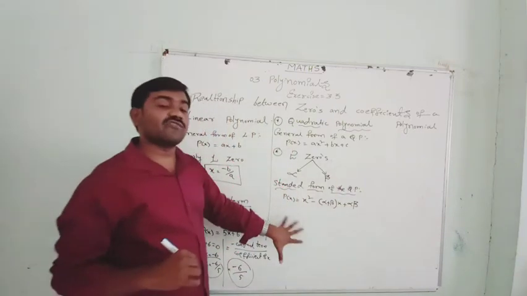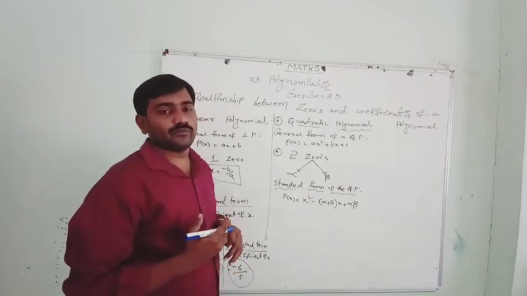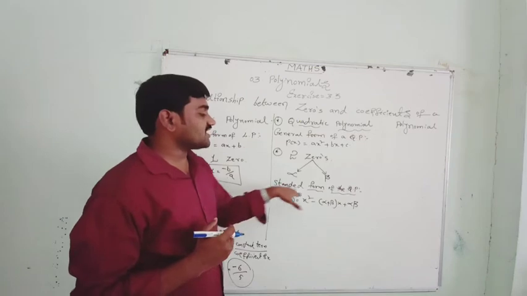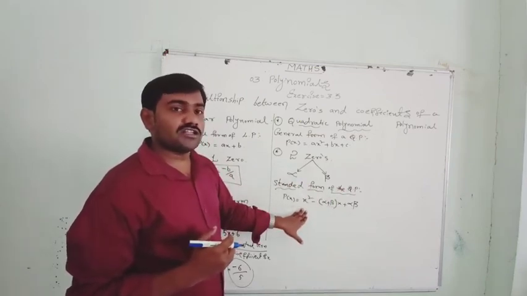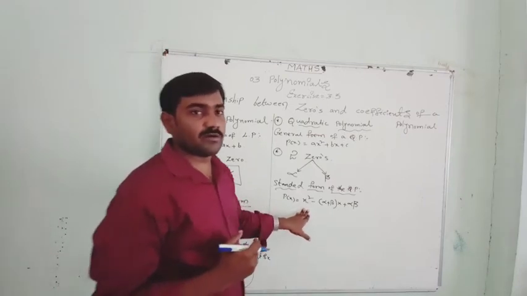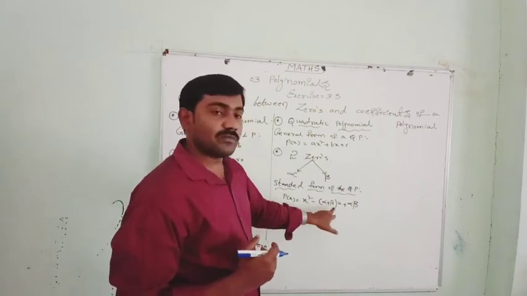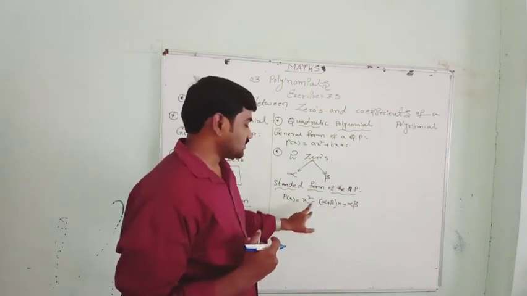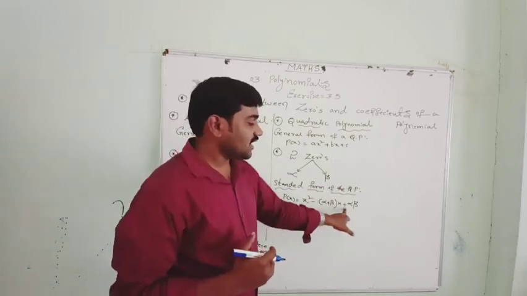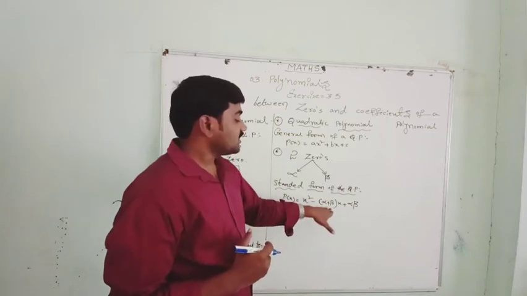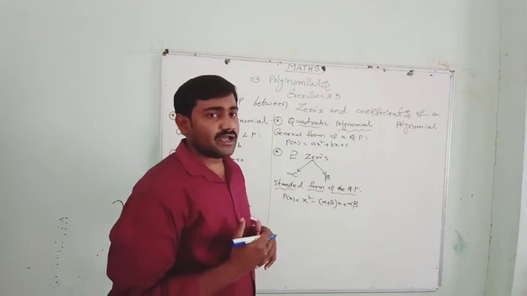What is the use of the standard form? I will tell you, but remember this. A quadratic polynomial starts with x square, since the maximum power is 2. Then minus alpha plus beta into x, then plus alpha beta. In that way you can remember: one plus term, one minus term, and next plus term. In the middle we get alpha plus beta.